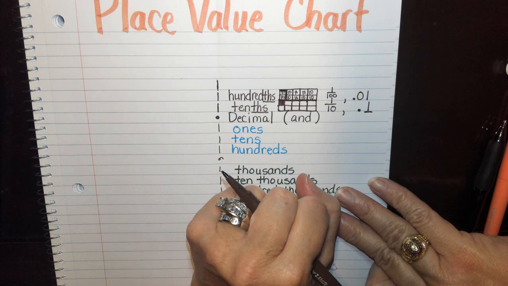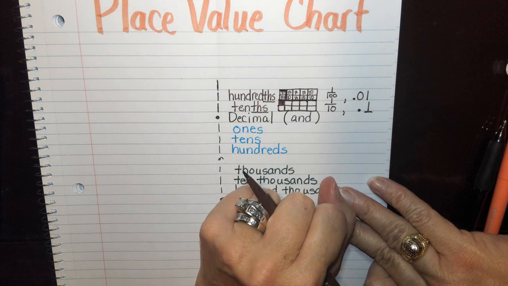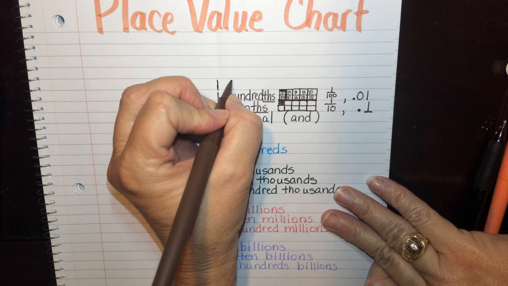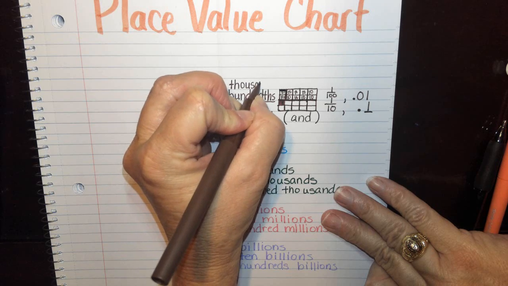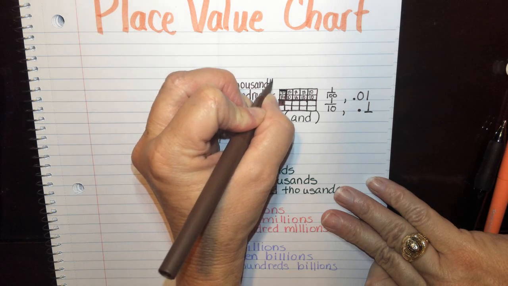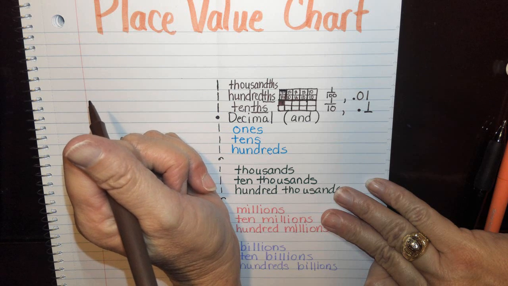Notice that. And so that new place that you're learning here in fifth grade is called the thousandths. The thousandths. So as we write this word, I want you to think about, is this piece going to get bigger or smaller?